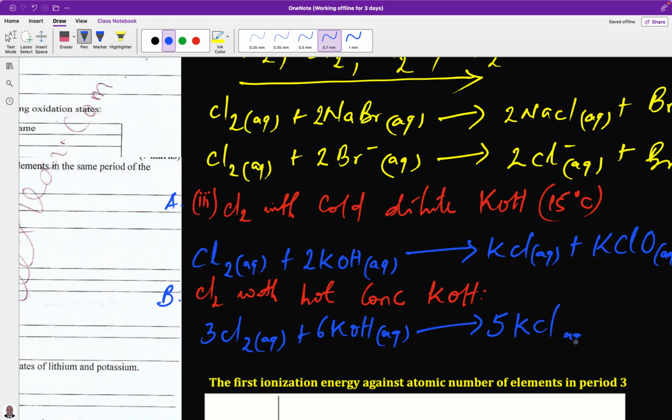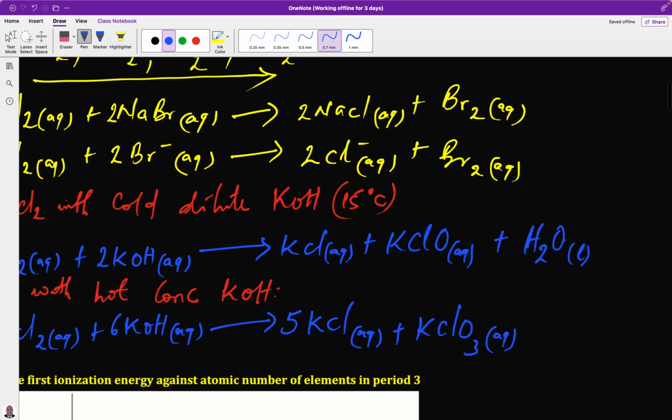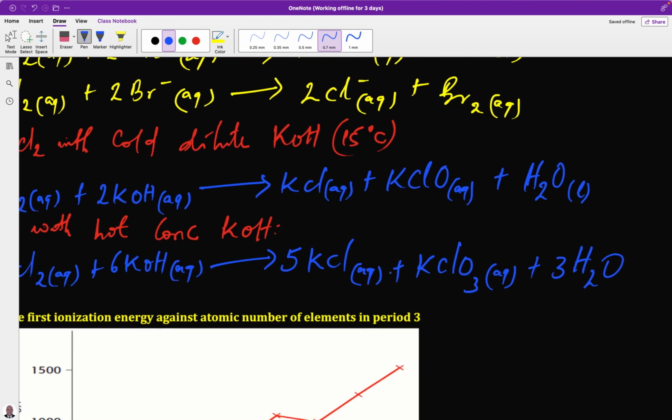This is equals 5, plus this will be 3 plus 3 molecules of water. So you see the change.